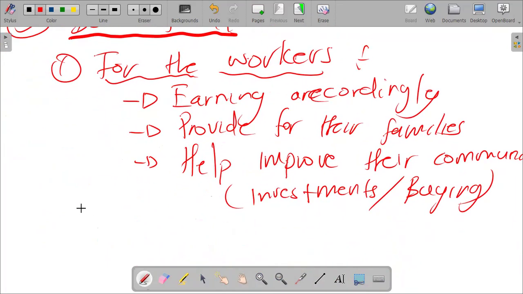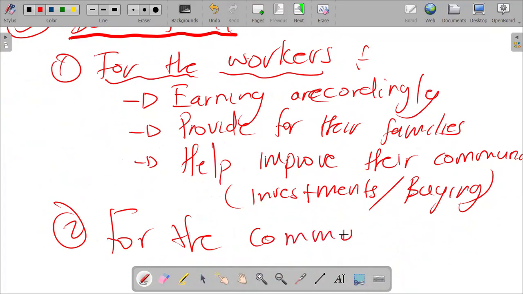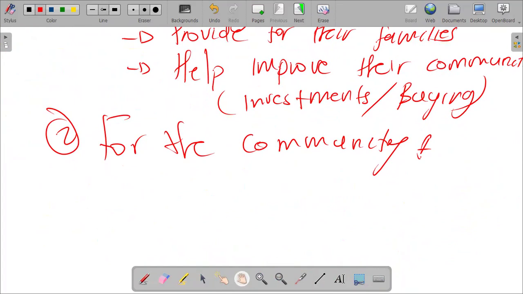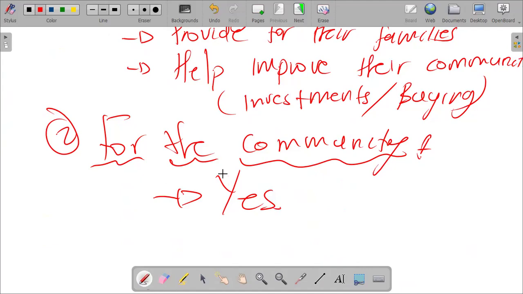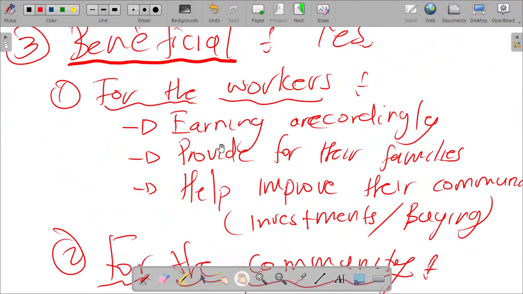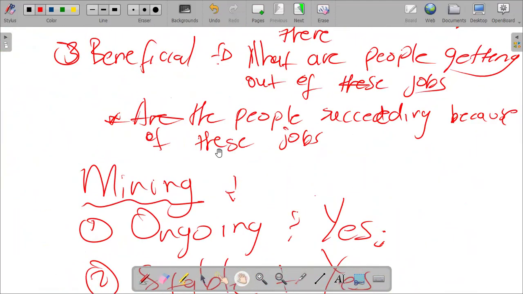And number two, as we are talking about providing for their families and improving the community, is it beneficial also for the community? We would also say yes. So when we look at a business like mining, we would say it is a sustainable job.